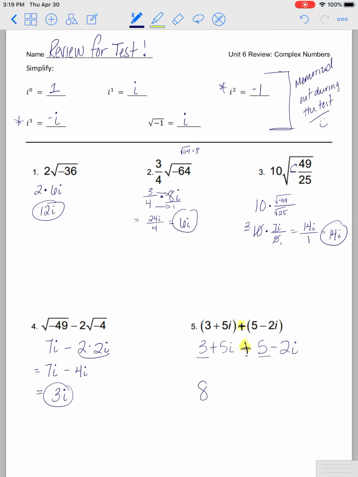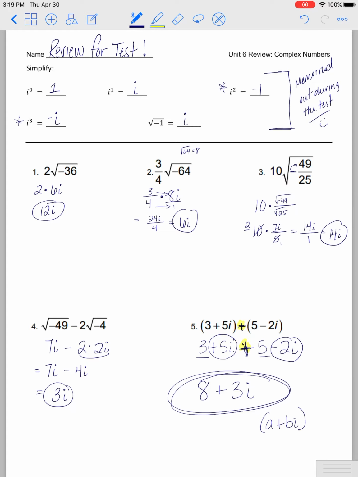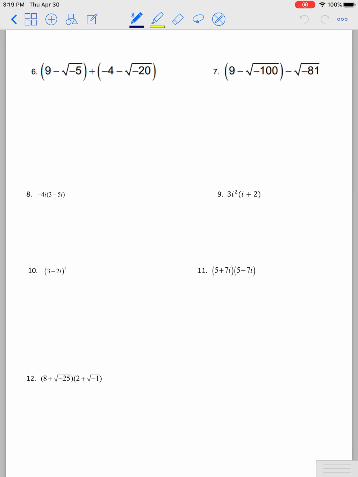So your like terms, 3 plus 5 gets me 8, positive 5i plus a negative 2i is really a positive 3i. These are unlike terms. This is actually in our a plus bi form, which is standard form. So this is your final answer. Okay?